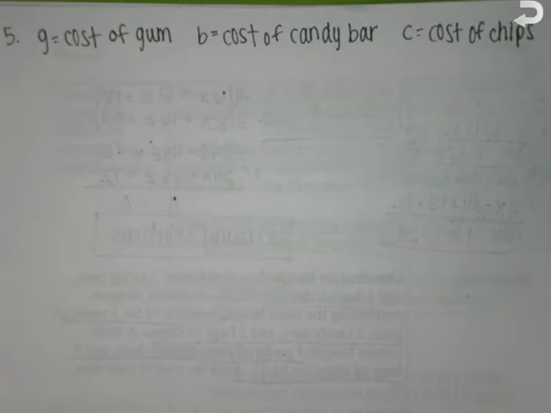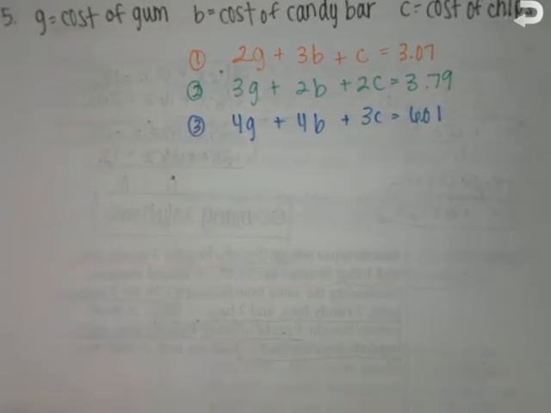You guys ready? What do you think? Okay, here's what I got. 2 packs of gum plus 3 candy bars plus 1 chip is 3.07.